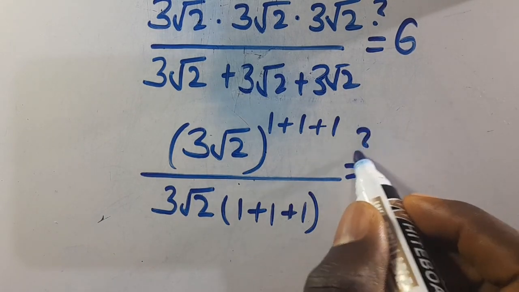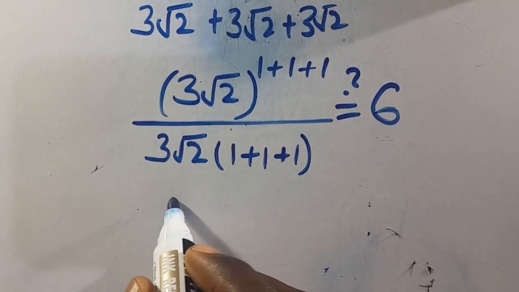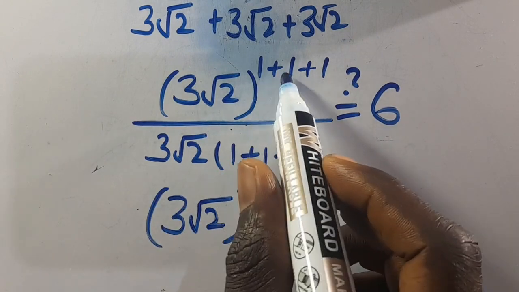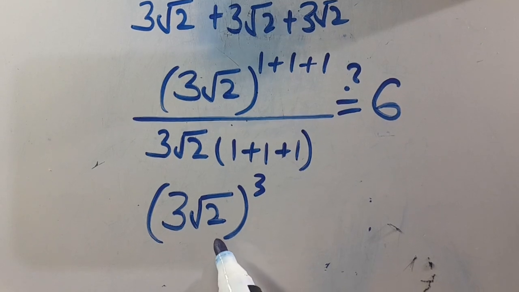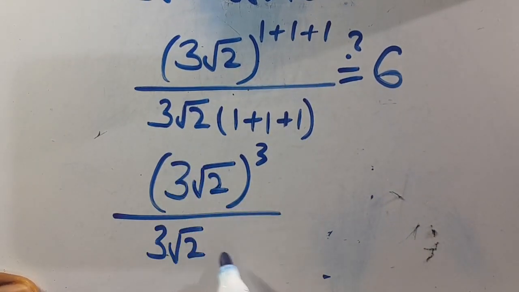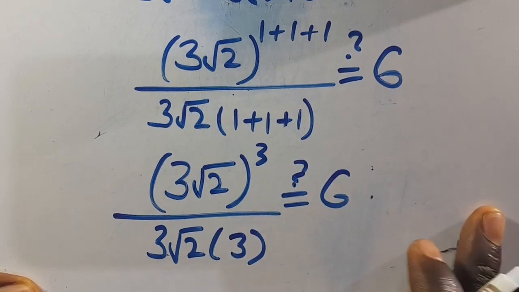Then is it going to give us 6? So from here, we have 3 root 2, all in bracket to the power of 1 plus 1 plus 1, which will give us 3, divided by 3 root 2 multiplied by 1 plus 1 plus 1, which will give us 3.